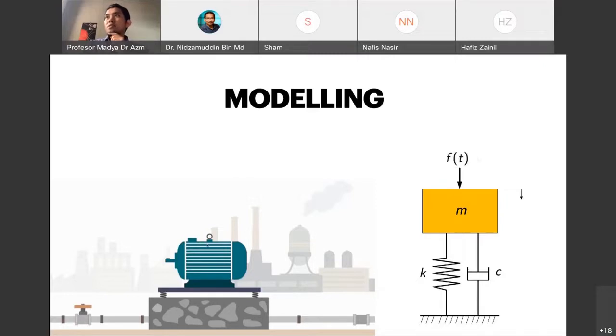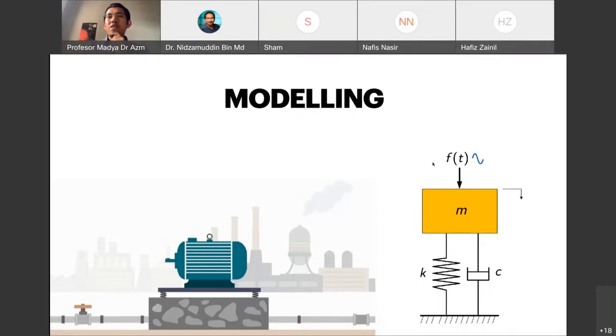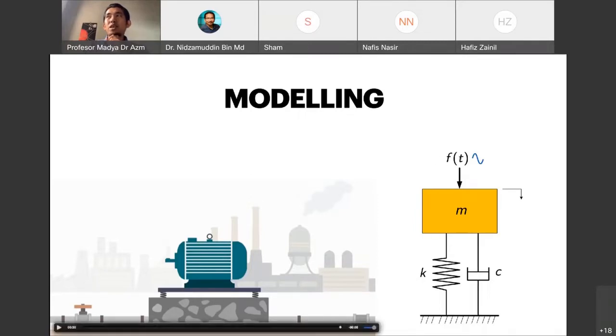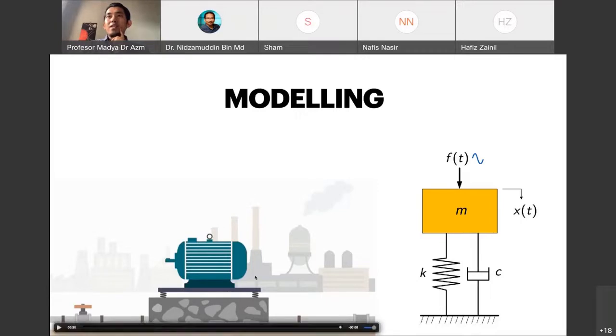Okay, so we assume what causes the vibrations of the machine is the internal force from the machine. So we assume it to be F as a function of time, and we assume the force to be harmonic. Harmonic means it's like a sinus function, and the amplitude is x.